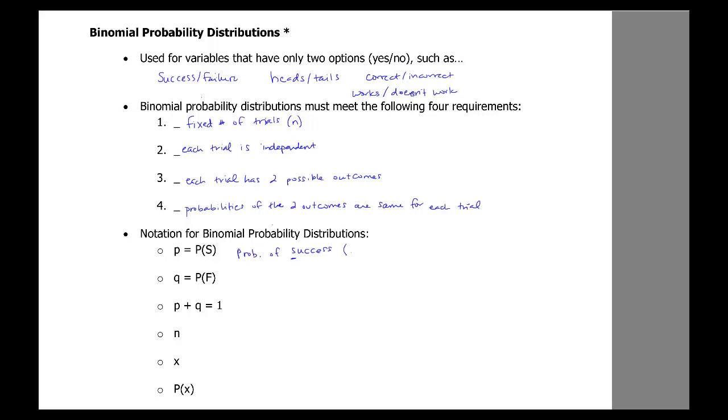This could also be the probability of yes, probability of it works, probability of guessing correctly. And then q, or the probability of failure, which is where the F comes from. Could also be the probability of getting no, doesn't work, or guessing incorrectly.